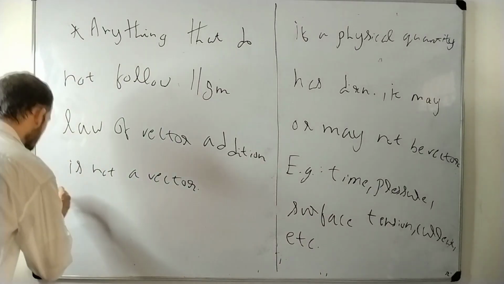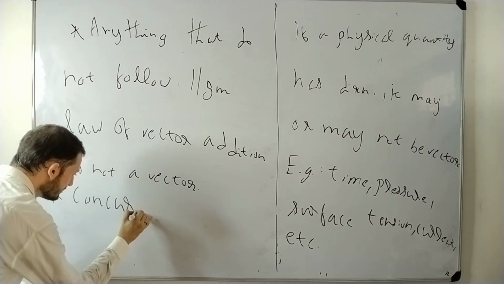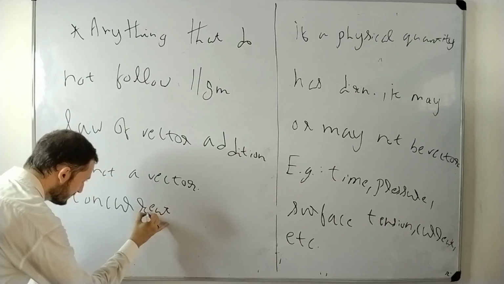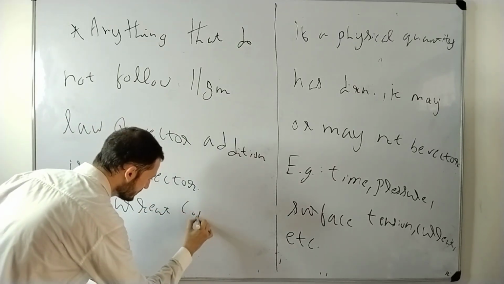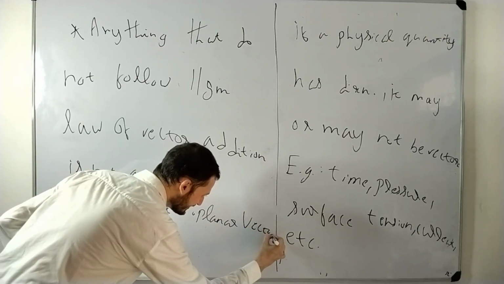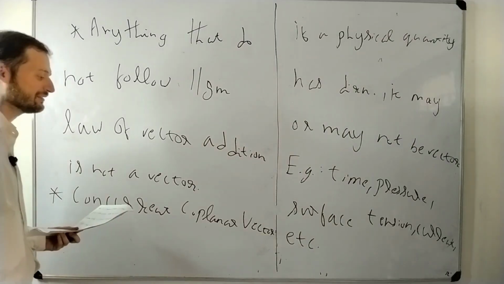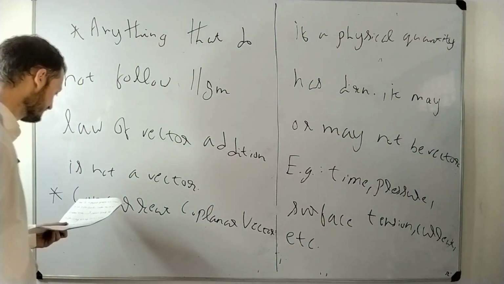And the last part of this theory. So this is not a theory, you are saying. Concurrent coplanar vectors. What are concurrent coplanar vectors? It was supposed to be discussed in the last lecture.